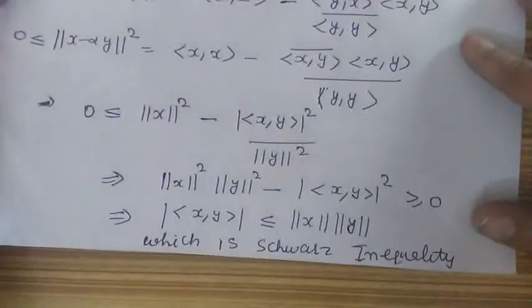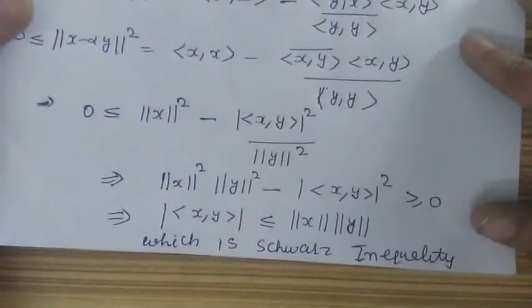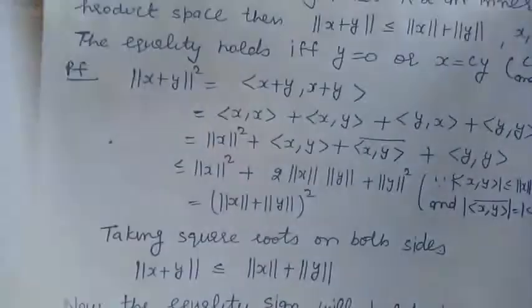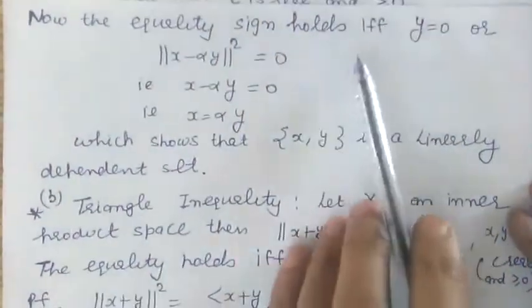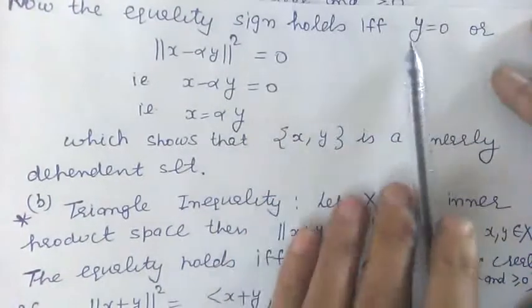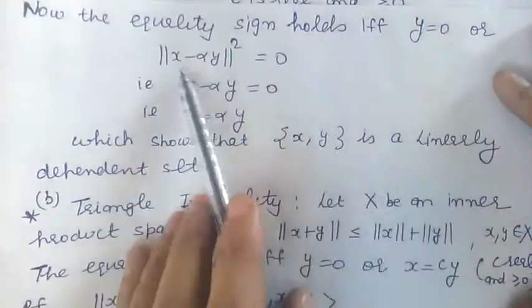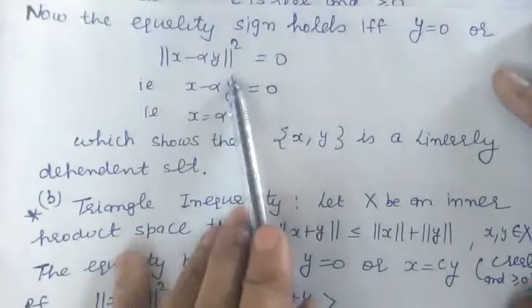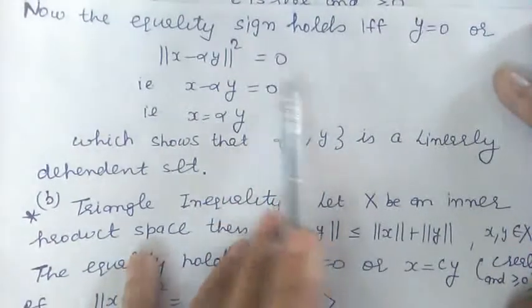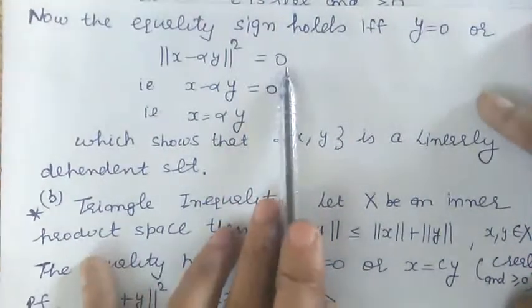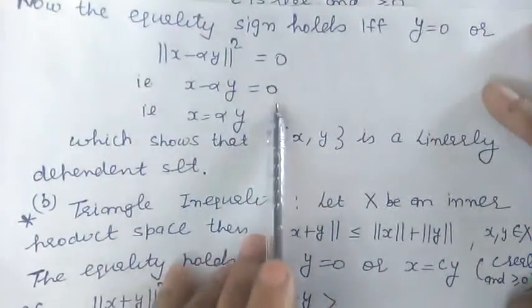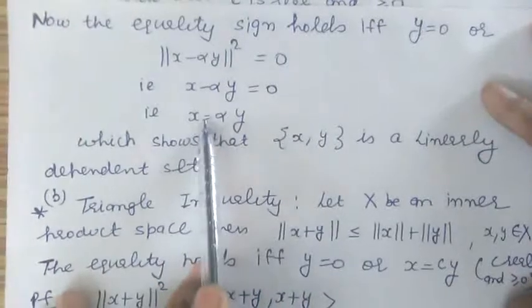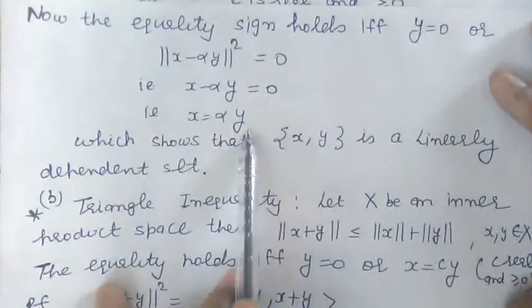Now we will consider the particular case, the case in which the equality sign holds. We can see that the equality sign holds if and only if y is 0 or the norm square of x minus alpha y is 0. Now the norm is 0 if and only if the element itself is 0. So from here we get x minus alpha y is equal to 0, so x is some scalar multiple of y.